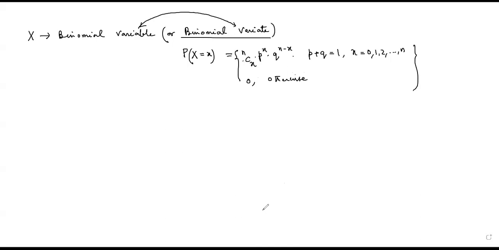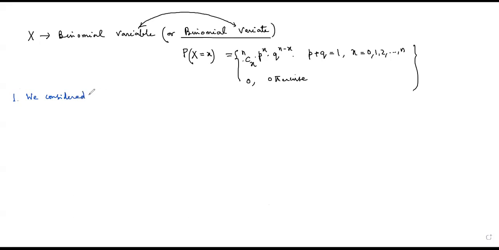I started with a coin tossing problem, and then I found its expectation, its mean, and then its variance. Then I tried to find out whether, out of this particular probability distribution, I can give a formula to the given probabilities, and I then dissected that probability. So what were my steps? We considered a problem.